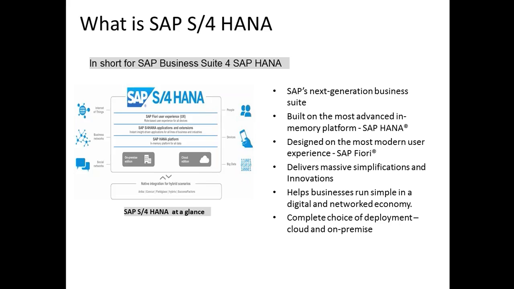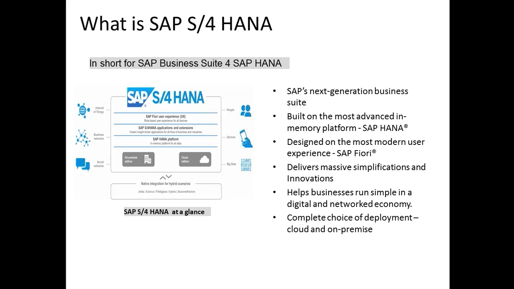Either you can deploy the solution on the cloud or on premise. So there is a major shift from the capex model, that means the capital expenditure model of any customer, to an opex model.